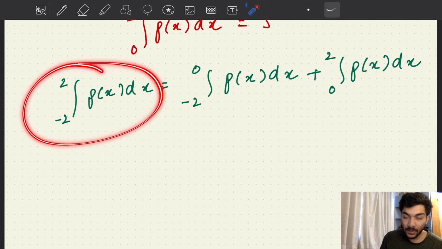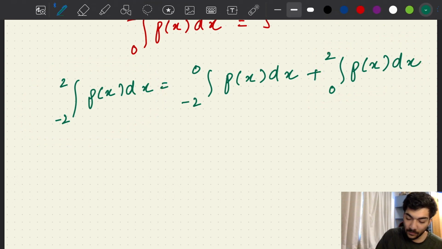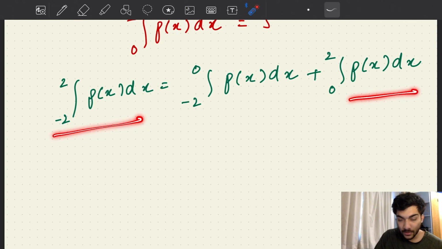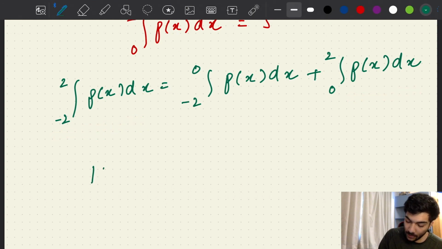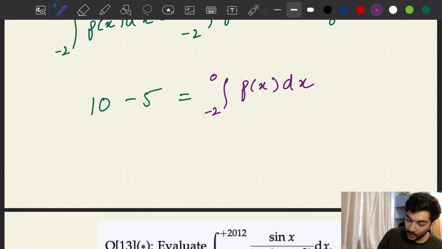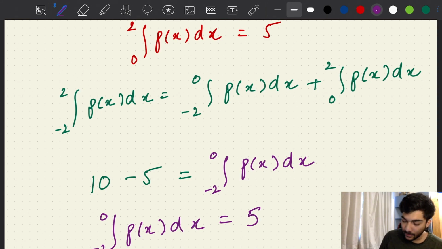We already know the first is 10, and we calculated that the last is 5. If I move this expression to the other side, it becomes 10 minus 5, which equals the definite integral from -2 to 0 of f(x) dx. So the final answer is 5 as well.